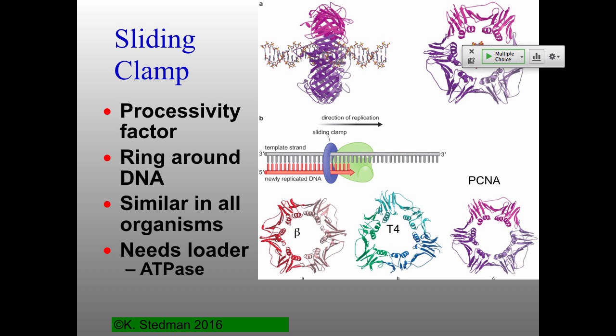Turns out that this particular structure, the ring around the DNA, is extremely similar in all kinds of different organisms. This is the one from E. coli. It's called the beta sliding clamp. There's also PCNA, again, more alphabet soup. Proliferating cell nuclear antigen is what PCNA stands for.